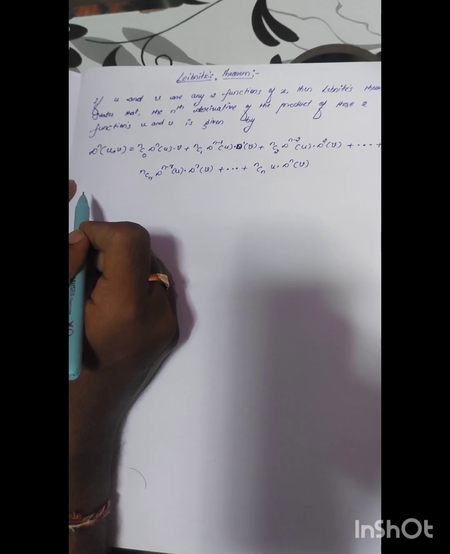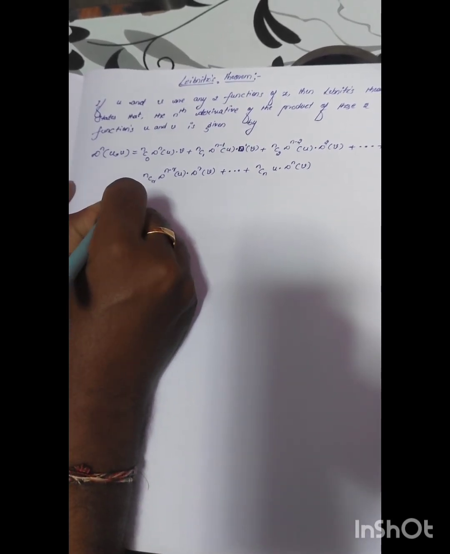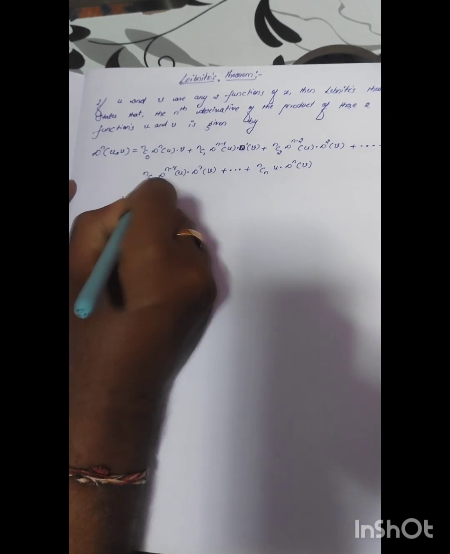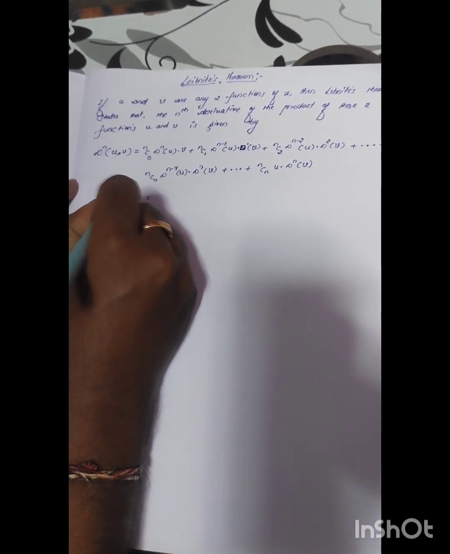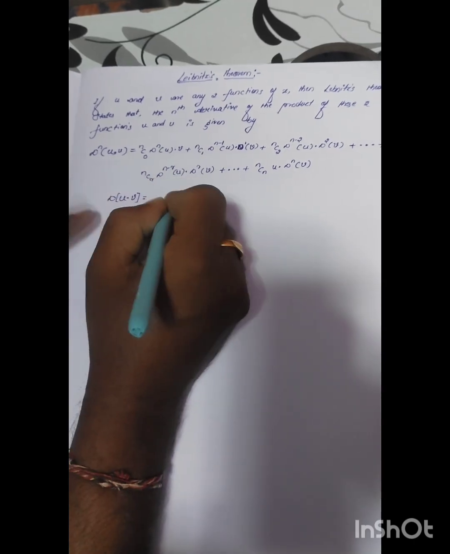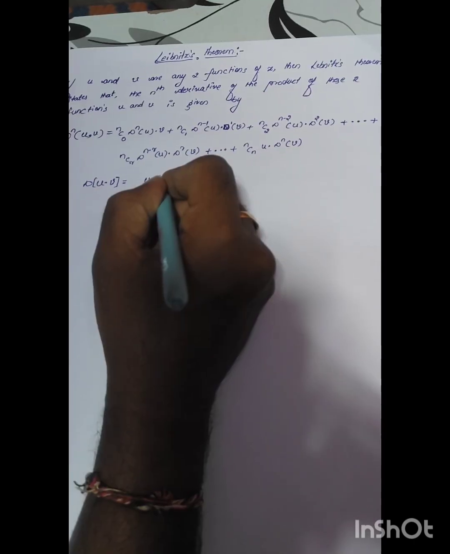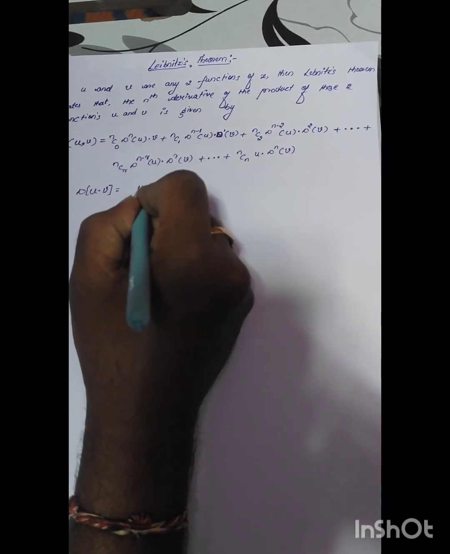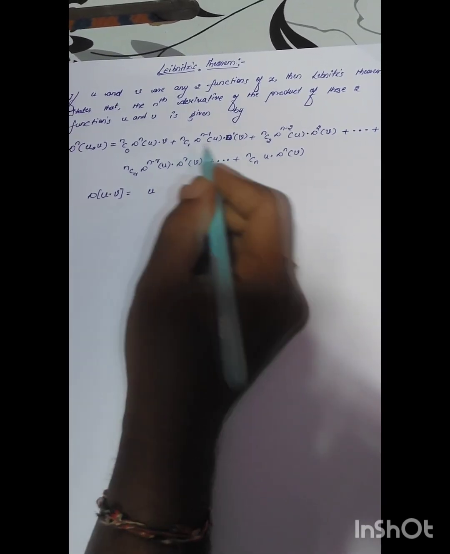Let's take the first derivative of this function. Suppose u and v are two functions. If I am taking the first derivative of u times v, let's apply the product rule here. The product rule is the first function into the derivative of the second function plus the second function into the derivative of the first function.